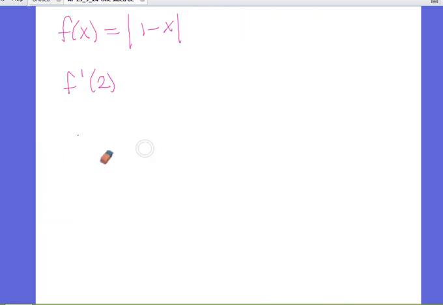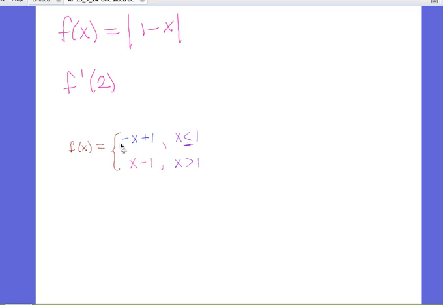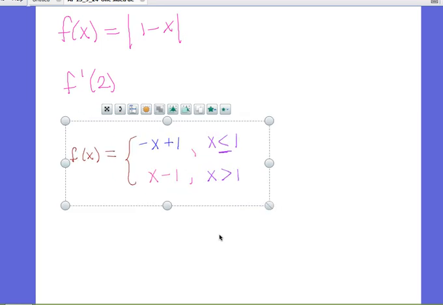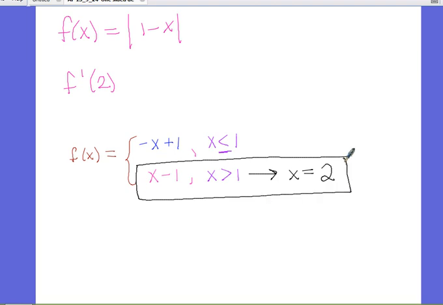So, remember we restated our function as a piecewise function here. So if I'm going to ask you for f prime of 2, and that falls within x greater than 1, you don't need a one-sided derivative. I would only find the derivative using one piece.